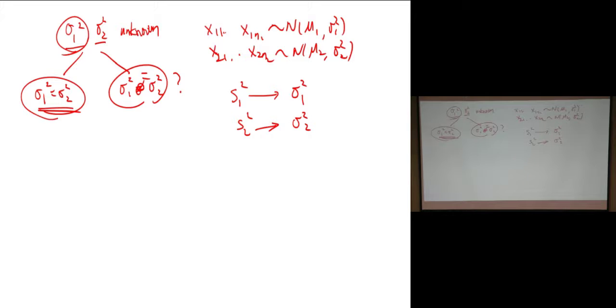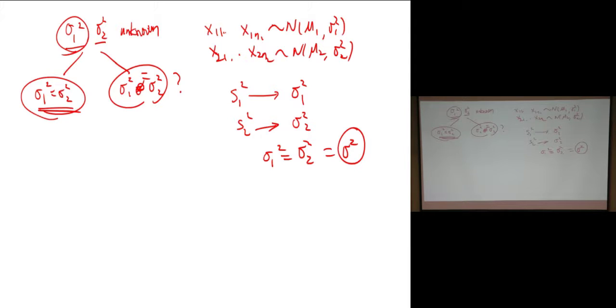All right? But now, if you are told that sigma 1 square is equal to sigma 2 square, if they're the same, let me call it sigma square. So now, sigma 1 square, I can use S1 square to estimate it. Sigma 2 square, I can use S2 square to estimate it.